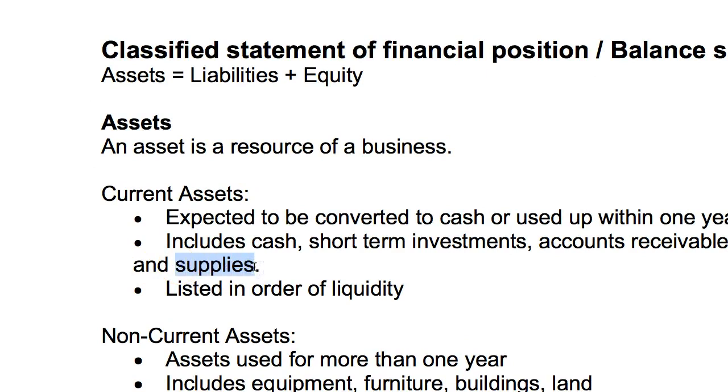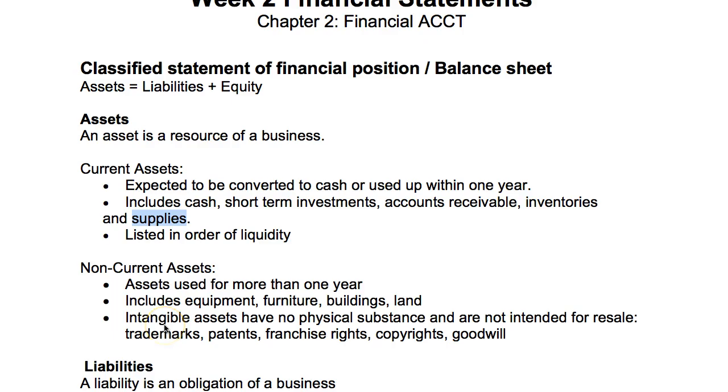So supplies is a current asset. This might include things like stationery you might need in your business, and you'd expect this would get used up regularly. Current assets are listed in order of liquidity, and liquidity is how quickly the asset would convert into cash.